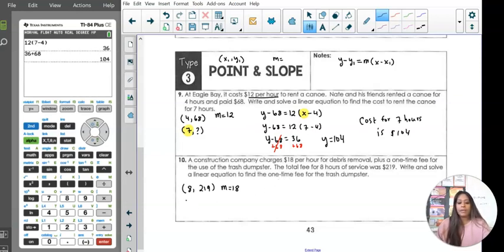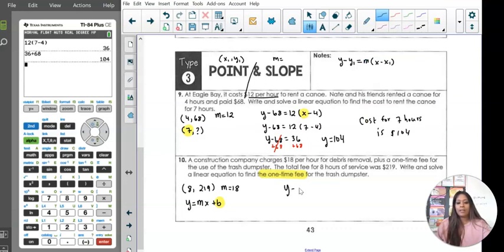So remember that when you have it in slope-intercept form, so right here this is my point slope form, but if I have it in slope-intercept form where I just solve for y, we know that the one-time fee is my y-intercept. So if I can use my point slope formula and then simplify it, then I can pick out what my y-intercept is. So let's go ahead and write the point slope form.